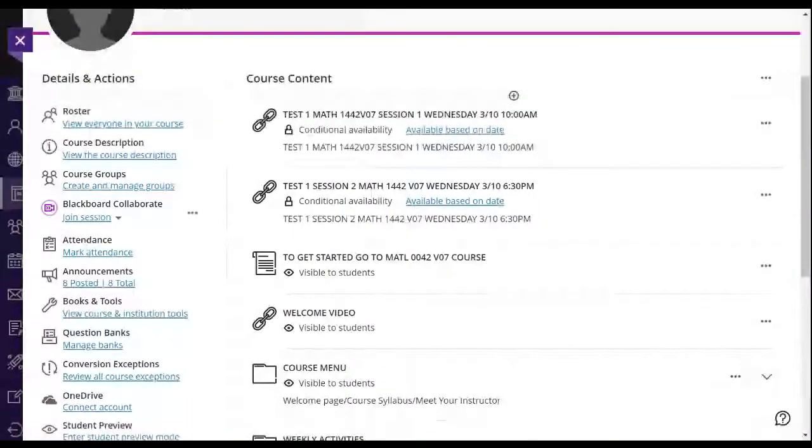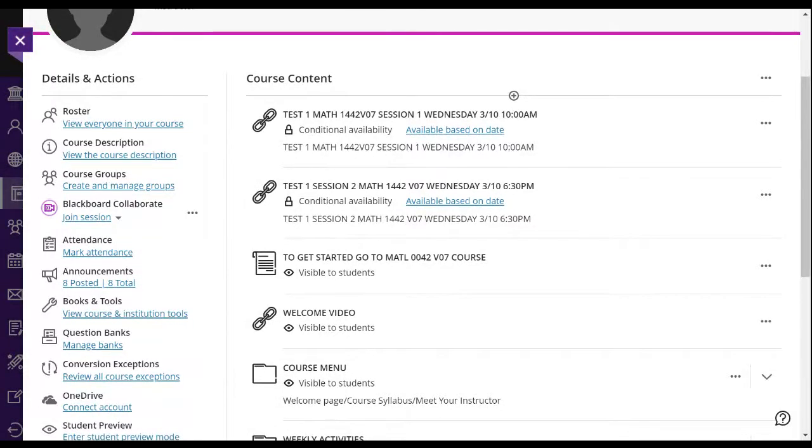So, formula sheet. Let me see. The formula sheet is in the week 7, 8 folders, as well as the last announcement. I'll actually show you where you can get that right now.